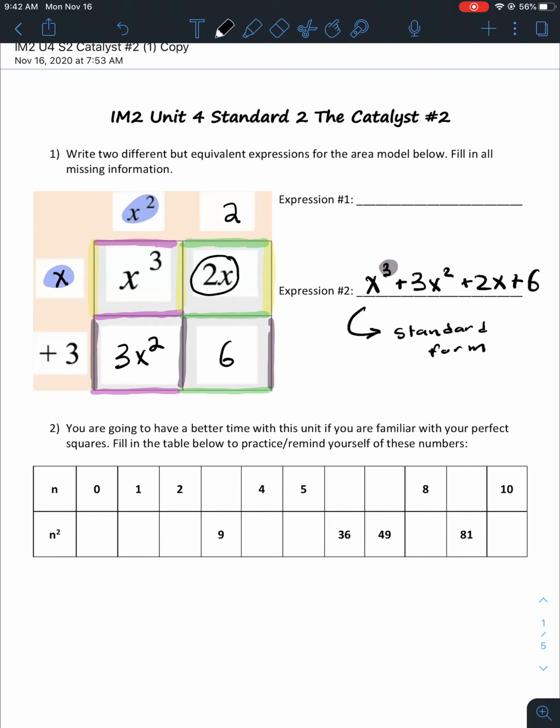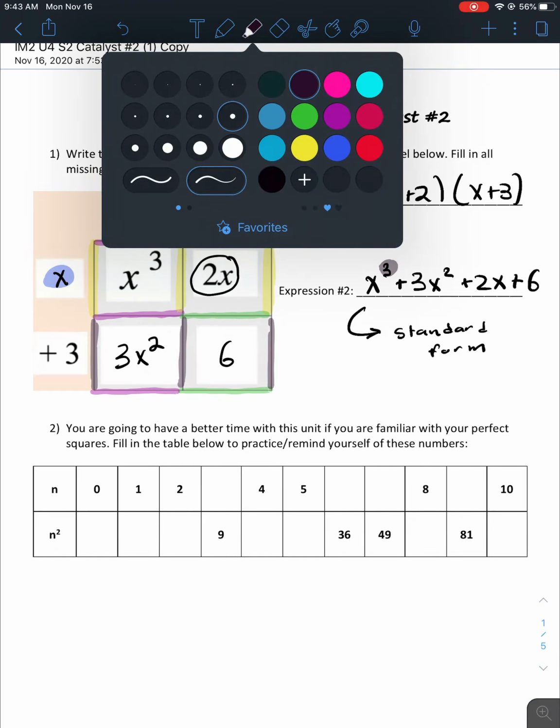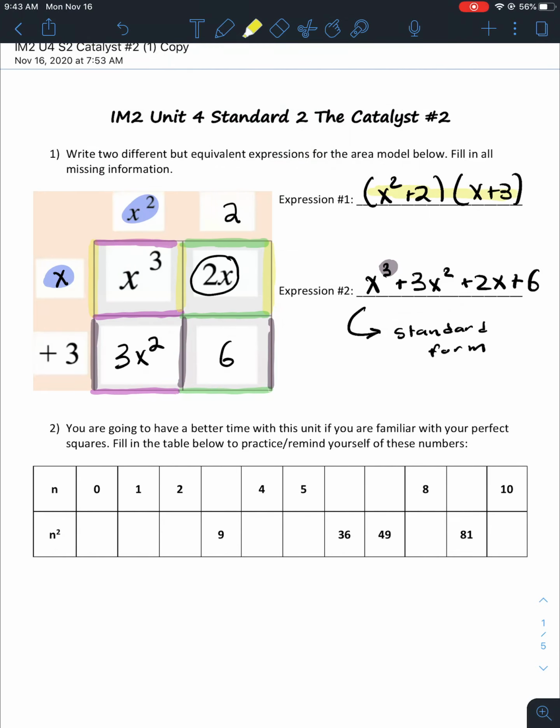So another thing that you could notice is if you take the first two terms, x squared plus 2, and you multiply it by x plus 3, that this result right here is going to be the same thing as this. And if you don't believe me, let's just do the math real quick. So we're going to take x squared and multiply it by our first two terms.